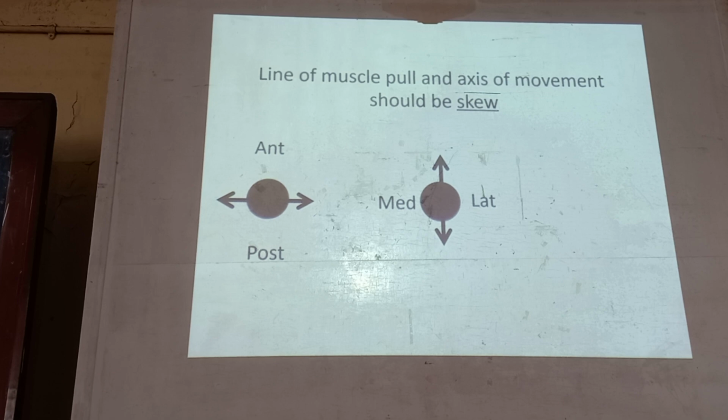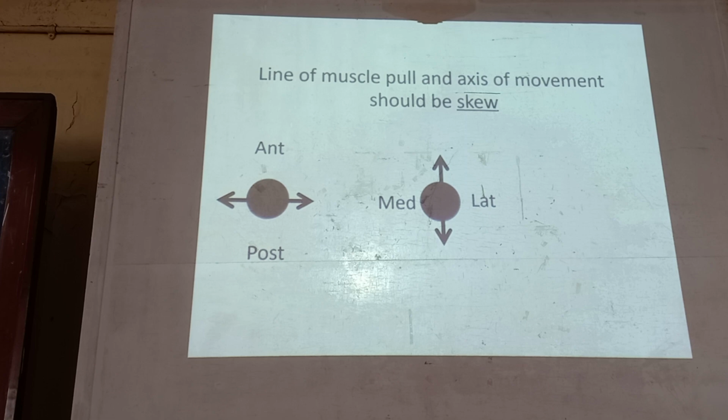So we know supraspinatus crosses the shoulder joint above, and deltoid crosses the shoulder joint laterally. Supraspinatus and deltoid are abductors of the shoulder joint. And teres major, pectoralis major, latissimus dorsi cross the shoulder joint inframedially. So they are adductors.